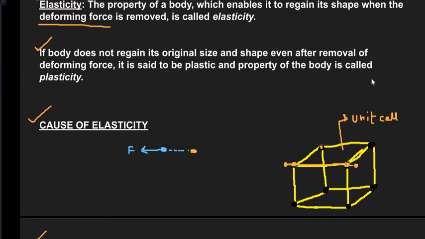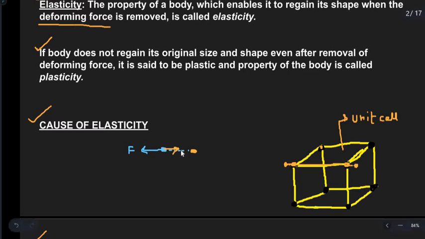So there must be a force that has to act opposite to the direction of the deforming force, right? Because when you remove the deforming force, according to Newton's second law, there has to be a force that needs to act in this direction so that the body shoots back to its original position, right?